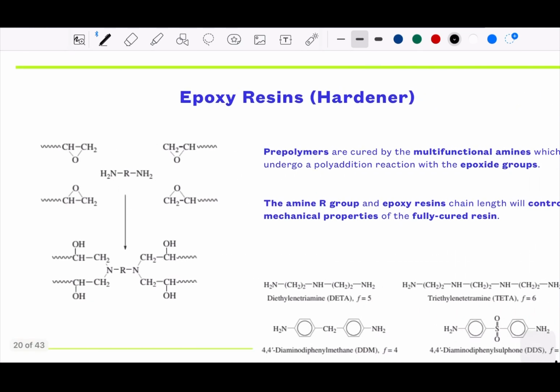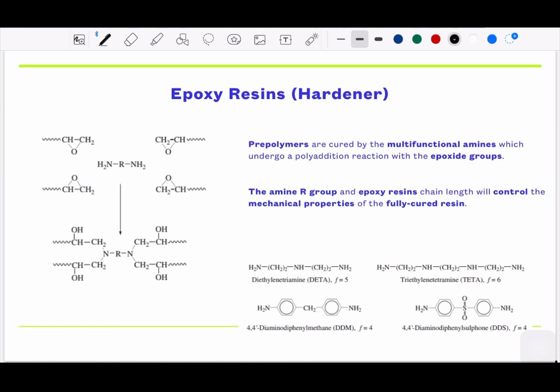If we see here, we have typical hardeners from these four components: diethylene triamine, or beta, theta, DDM, DDS. Although they have differences, they have in common the functional groups, the amine functionalities.